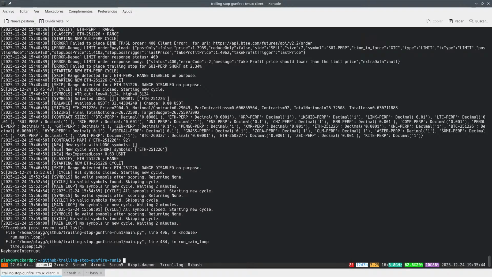Failed to place Binance TP/SL order because the take profit should be lower than the limit price.